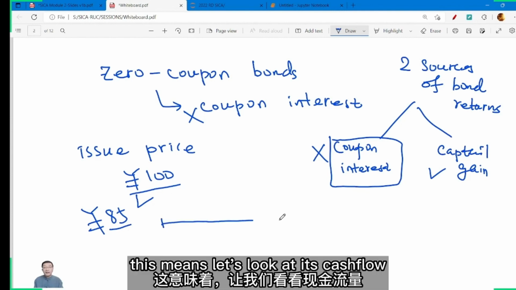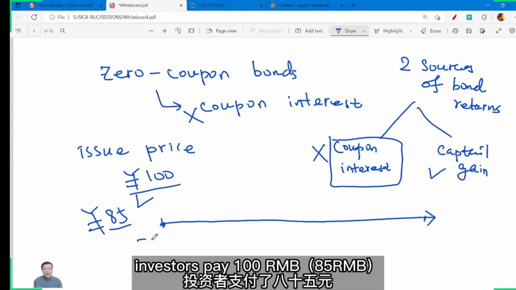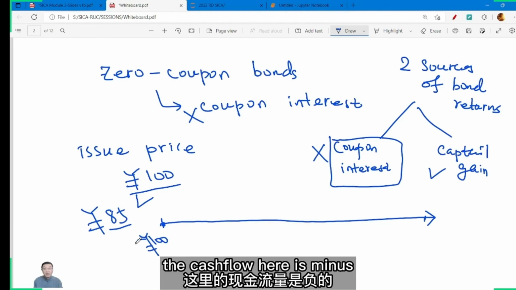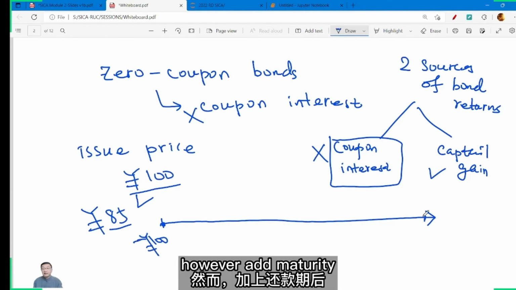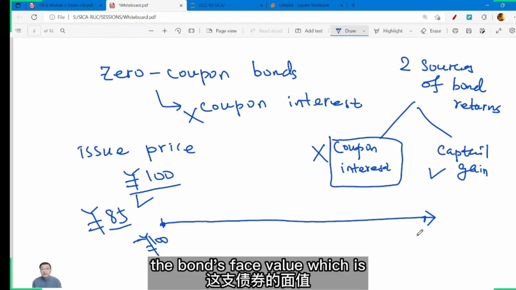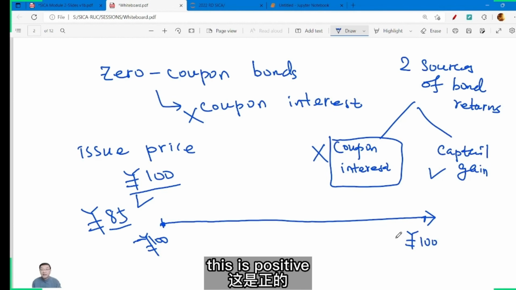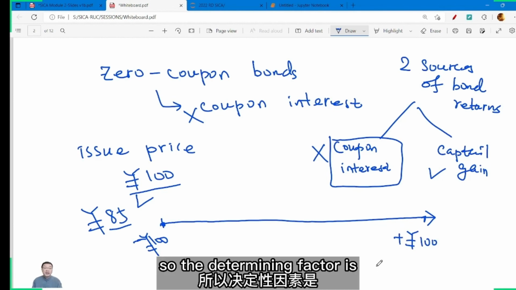Let's look at its cash flow. Investors pay 85 RMB, so the cash flow here is negative. However, at maturity, the investor will receive the bond's face value, which is 100 RMB. This is positive.